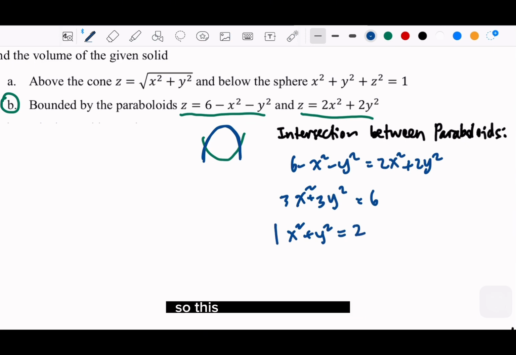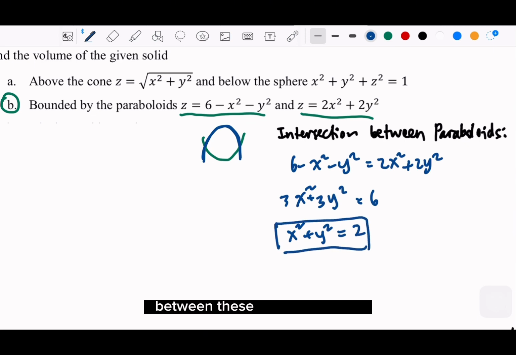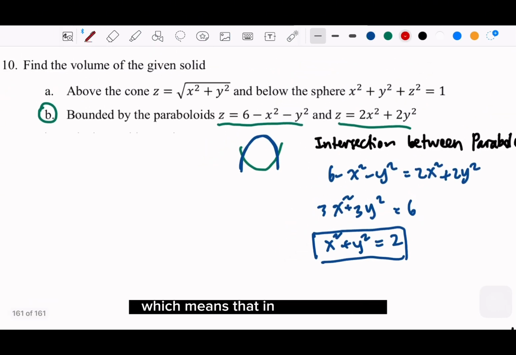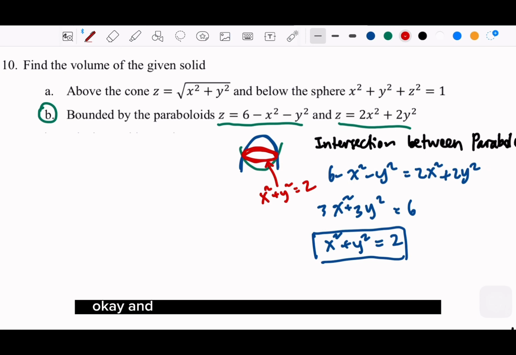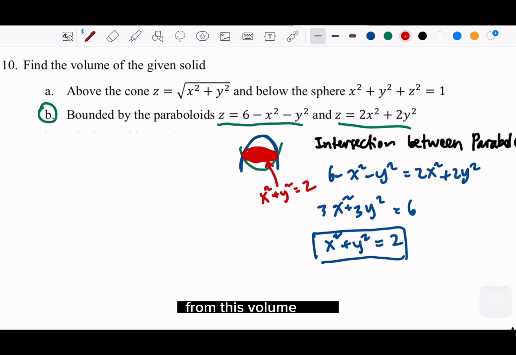So this is the intersection between these two paraboloids, which means that at this point we will see a circle here. We will see the circle that is this one. And this red circle will be our projection area from this volume.